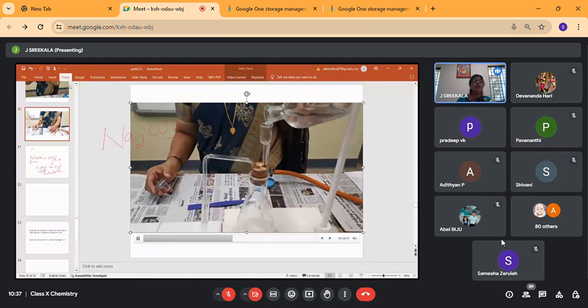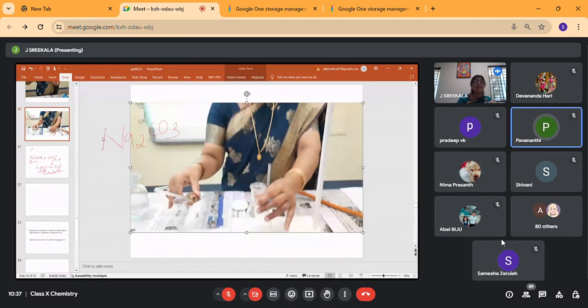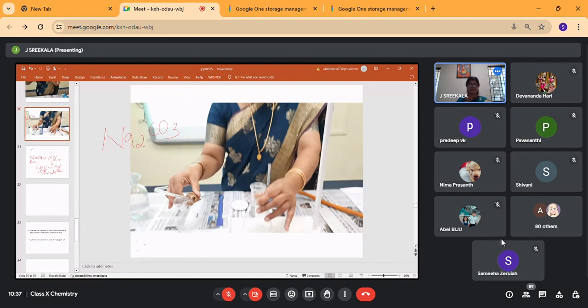Lime water is a dilute solution of calcium hydroxide. Remember. So, sodium carbonate is treated with HCl.